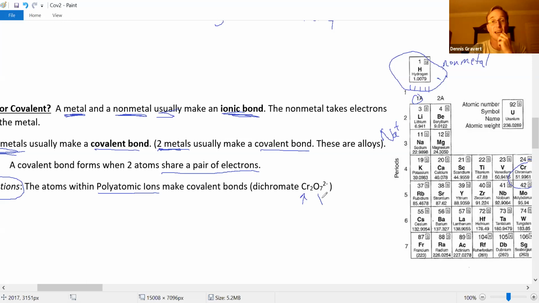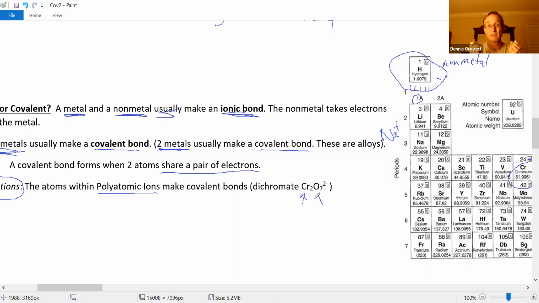Why do we need to know that? Well, later when we talk about salts, maybe containing dichromate, when they dissolve in water, ions separate from ions. But atoms that are covalently bonded remain stuck together. In other words, if you put dichromate into water, it stays Cr2O7. The O's and the Crs don't separate and dissolve away from each other. No, they're tightly bound together in covalent bonding.